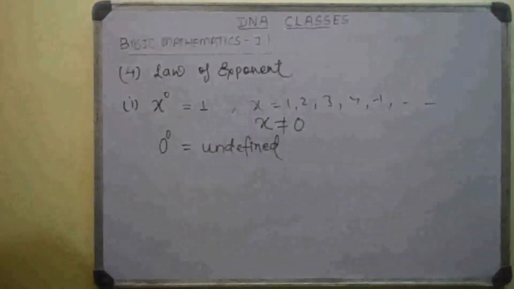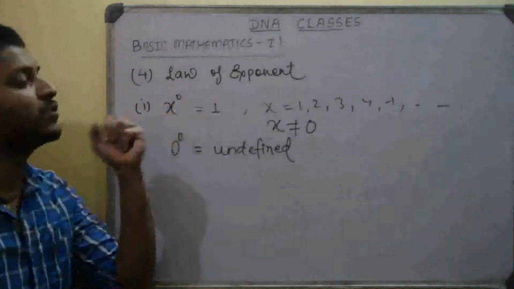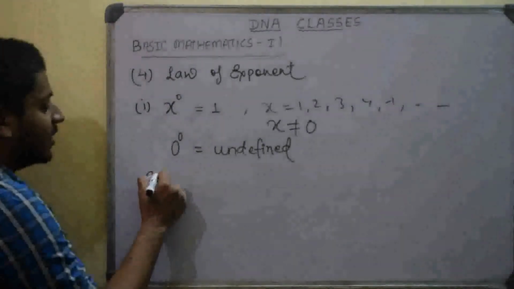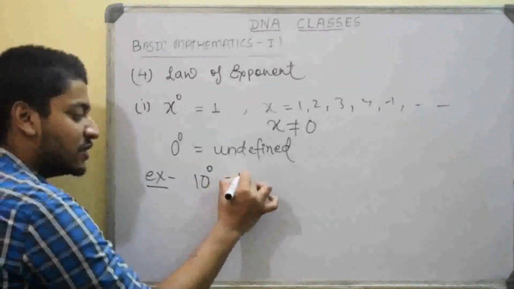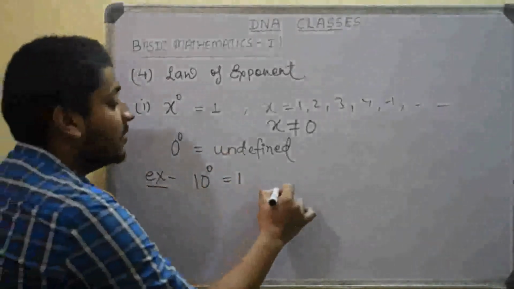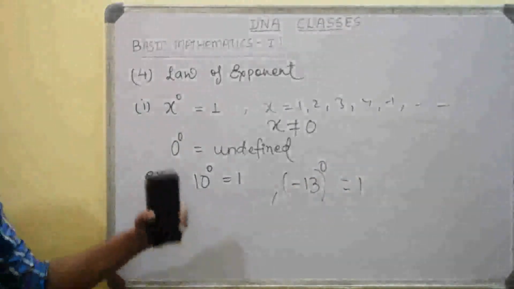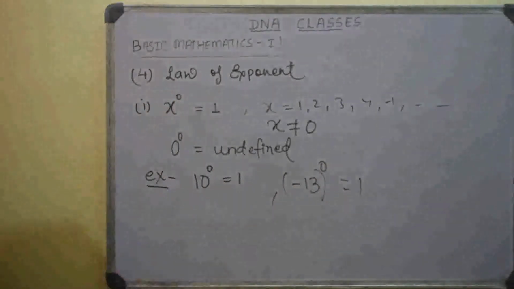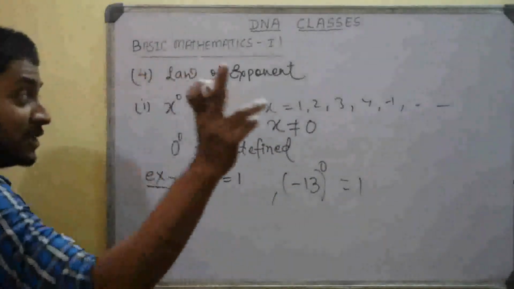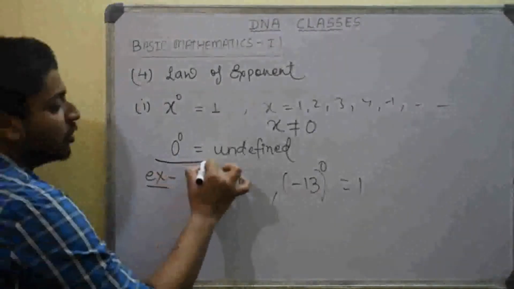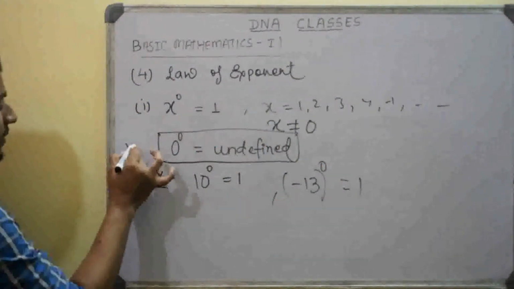So if anyone asks you what is x to the power 0, you have to answer that x to the power 0 is 1. Like anyone can ask you what is 10 to the power 0? 10 to the power 0 is 1. What is minus 13 to the power 0? It is 1. So anything to the power 0 is 1 except x should not be equal to 0. If x is equal to 0, 0 to the power 0 becomes undefined. This is the most important thing.